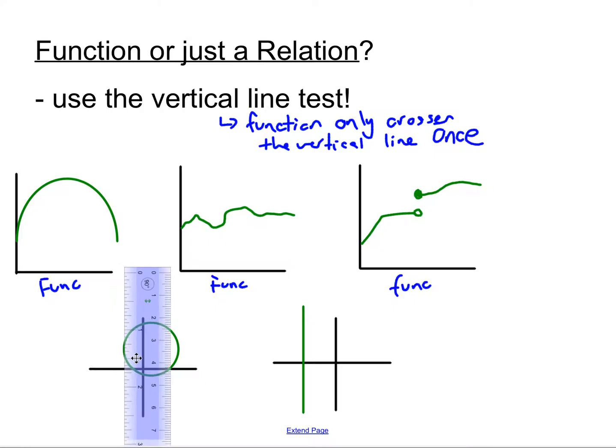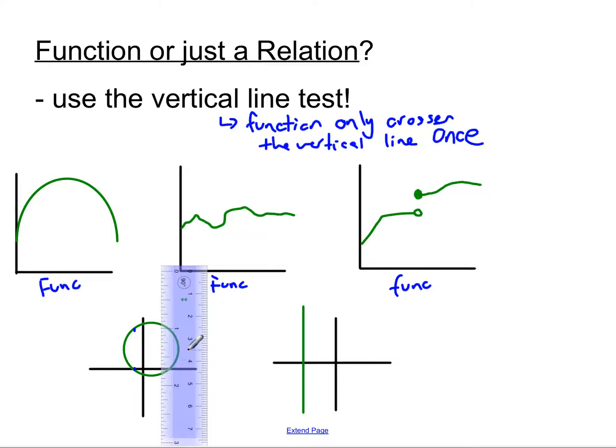Let's see about this guy. Traveling along, whoops. I'm seeing that here and here, there are two places where for one x value, we cross the line. So there are two y values for a given x value. See over here as well, pick this x value, whatever it might be. It crosses here and here.